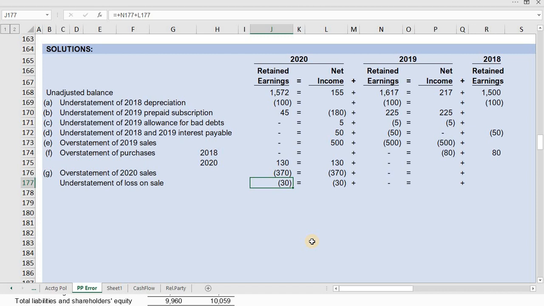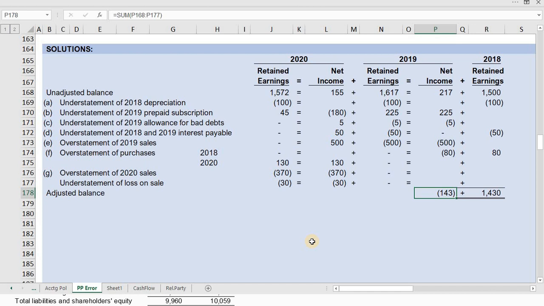So this ends the analysis of the effects of the errors on retained earnings and net income for the years 2020, 2019, and 2018. So let us now determine the adjusted balances of each item. So starting with 2018, the retained earnings has an adjusted balance of 1,430. Then the adjusted balance of net income in 2019 is a net loss of 143 pesos.